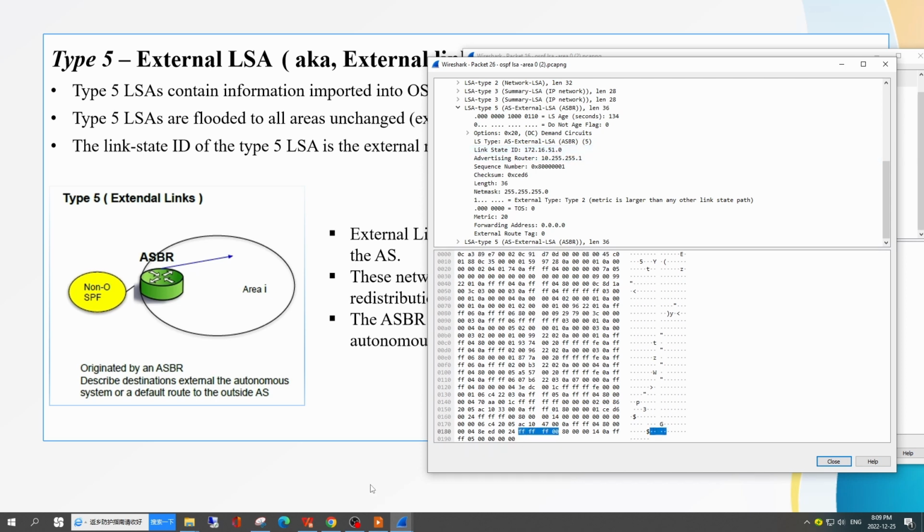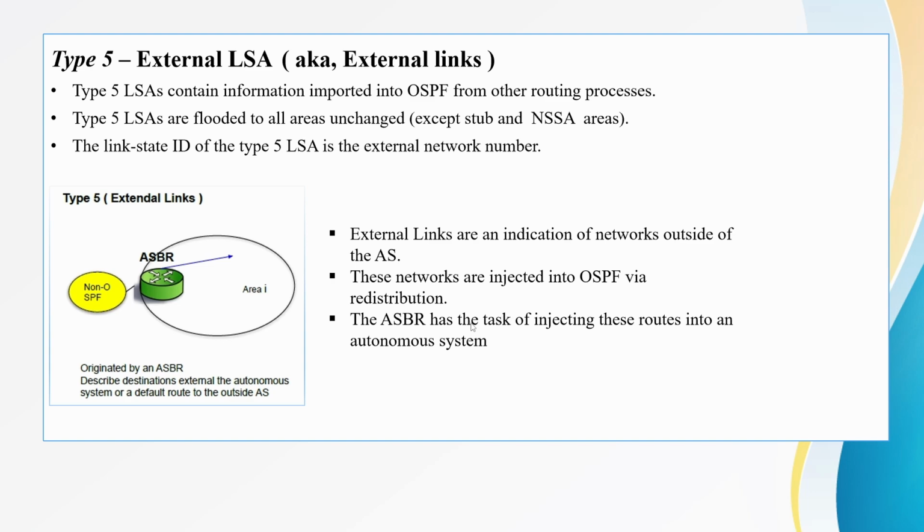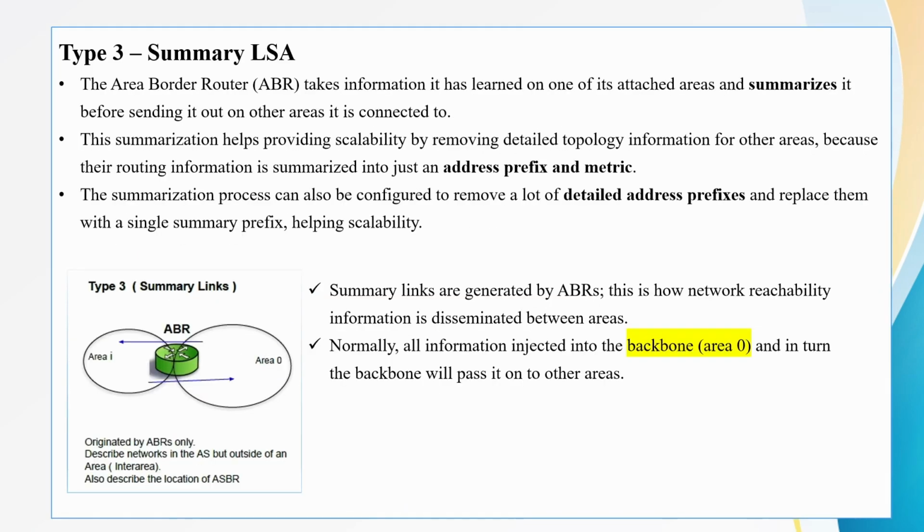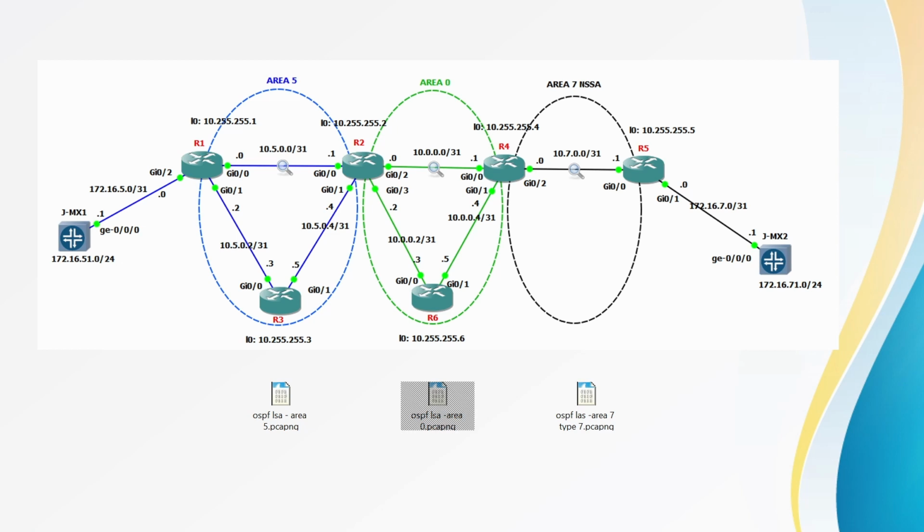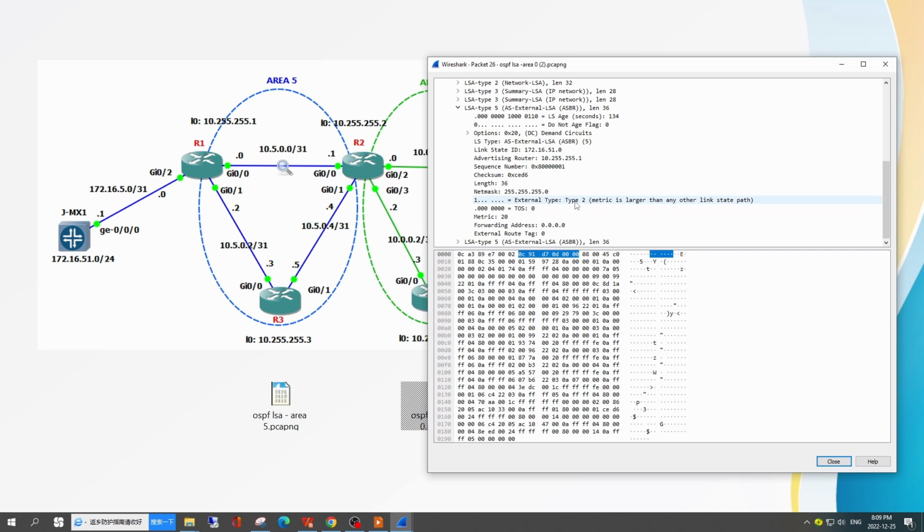Okay, let's take a look. What is this? Back to the diagram. So the link state ID 172.16.50.1 is here in the right-hand side. There is the external network 172.16.50.1, right? So this network is redistributed by the R1 into the OSPF.